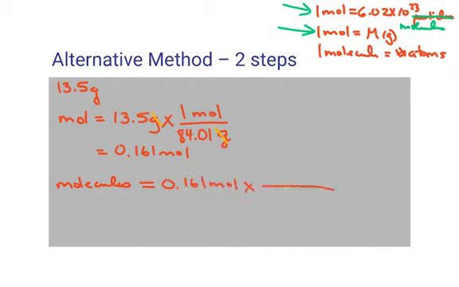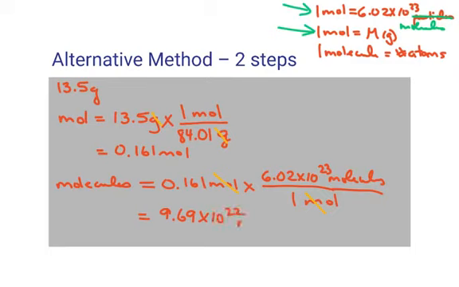Setting up that conversion factor, I want Avogadro's number on top. And I want my 1 mole underneath so that I'm able to cancel out the units. It will leave me with the exact same number, 9.69 times 10 to the 22 molecules.